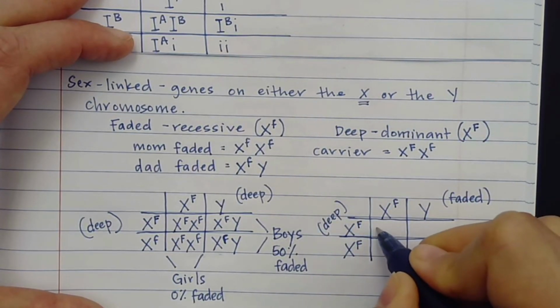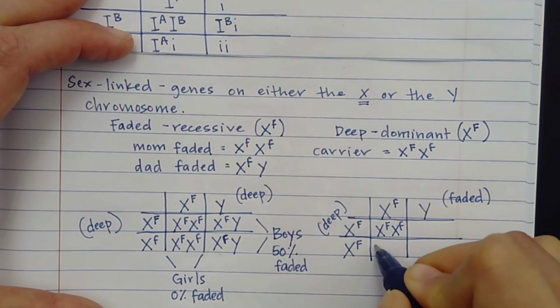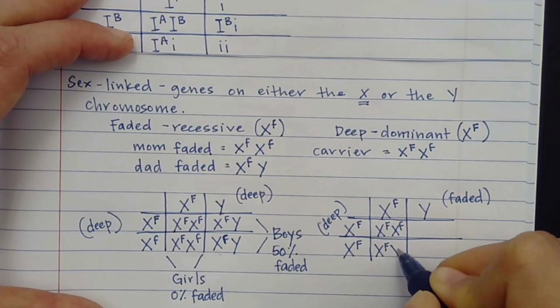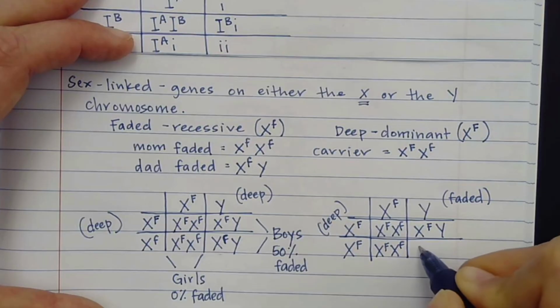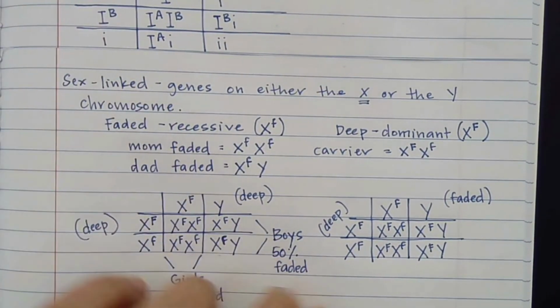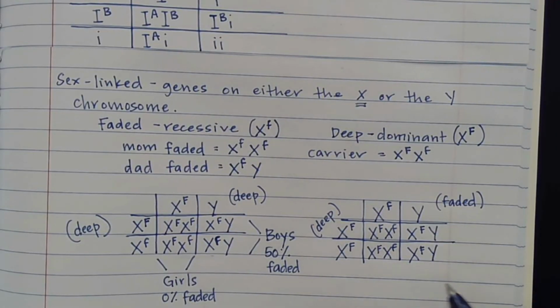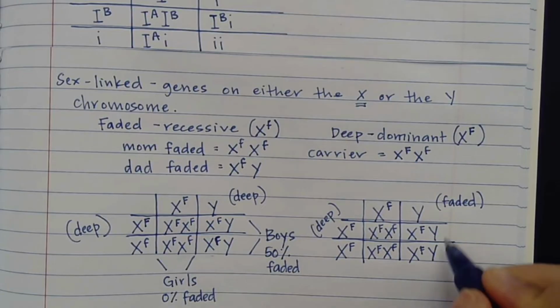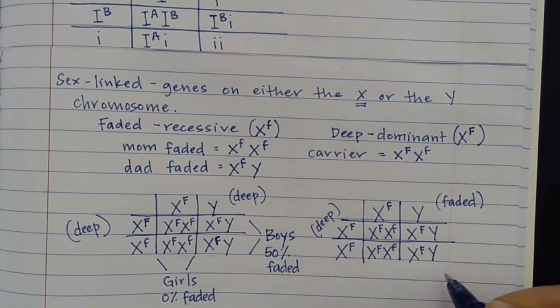And let's see how this works. So X, big F, X, little f. In this case, none of our girls and none of our boys are going to have the trait. So dad cannot give this trait to any of his kids.